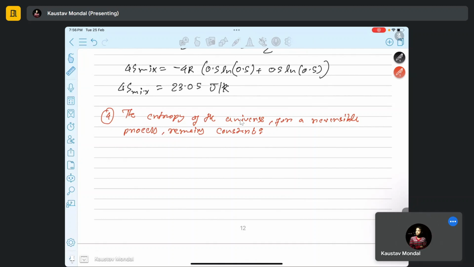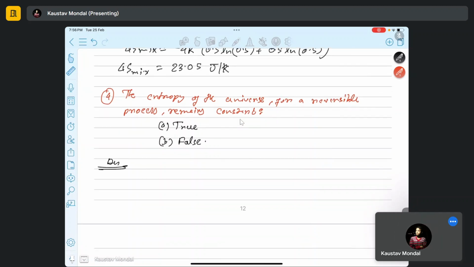Now you have to tell whether this statement is true or false. Okay, now how can you do this? So this is very easy, right?